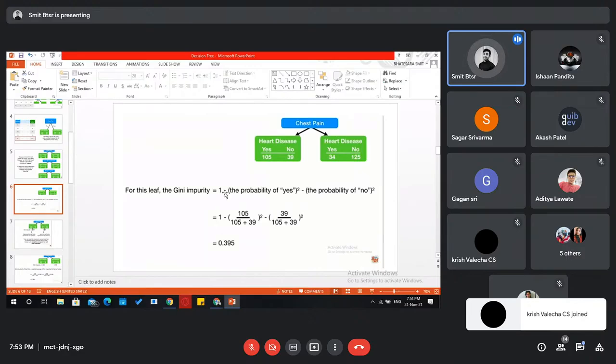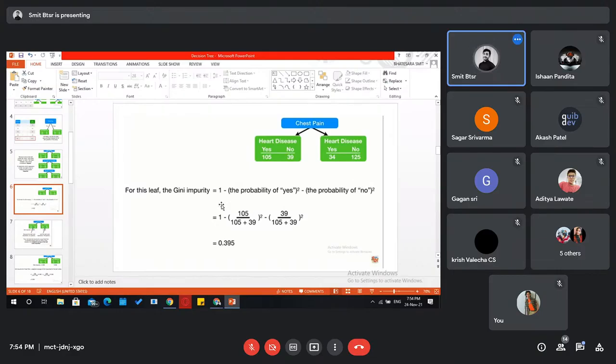What is the formula of impurity? We have a name for this impurity. We call it Gini impurity. I think most of you would have learned probability in 10th standard. It is very simple: 1 minus the probability of yes.